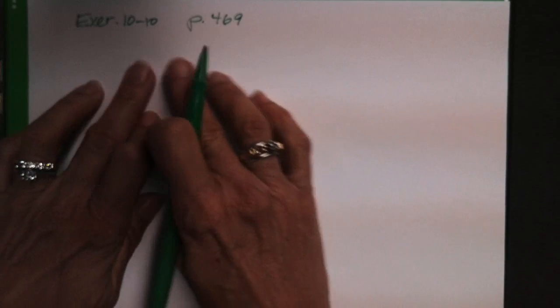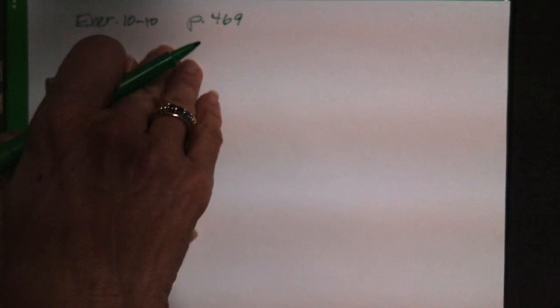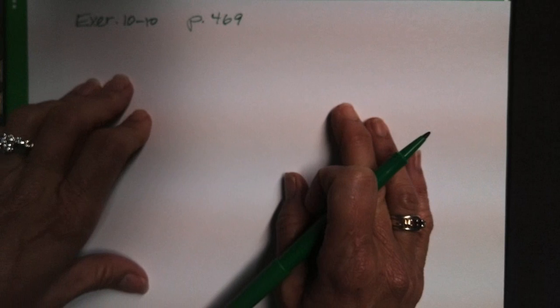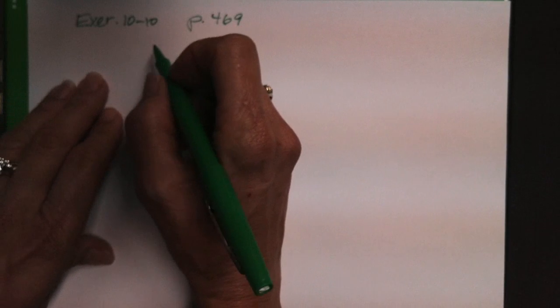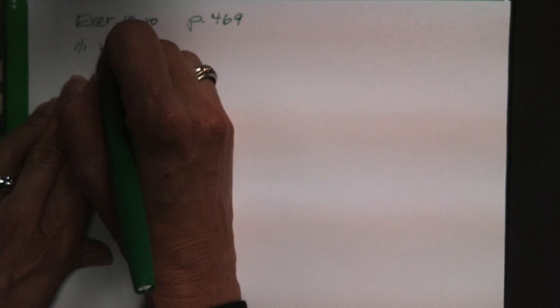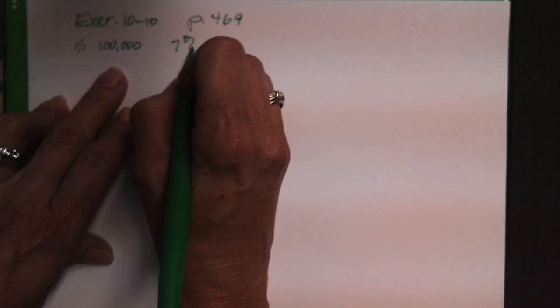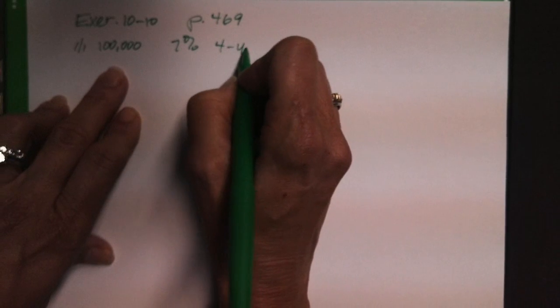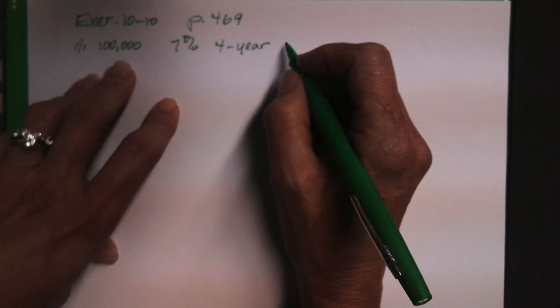We are going to learn how to calculate that by thinking backwards about present value. Then we're going to learn to do an amortization table, and we'll make a journal entry. That's on 10-11. Exercise 10-10 says that on January 1st, we borrow $100,000. It's a 7%, 4-year loan, and we make equal payments annually.